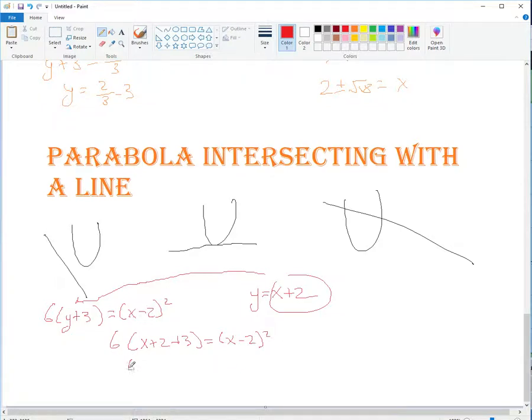So we have 6x plus 6 times 5 is 30 is equal to x squared minus 4x plus 4. Then we bring everything over, so we have x squared minus 10x plus 26 equal to 0. Use whatever you want to do, use quadratics, or use factoring, solve it, and you will get your answer, right?